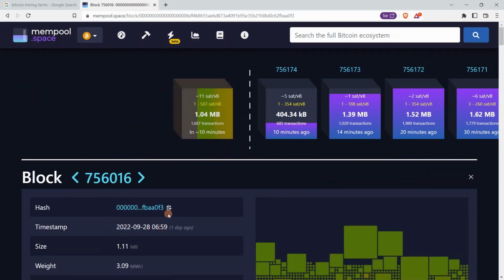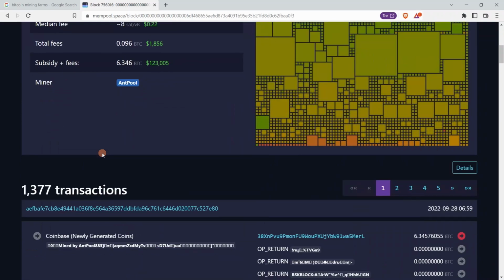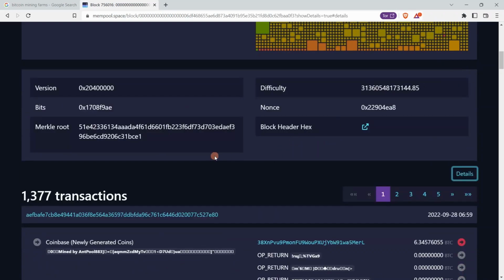So if I click on here, I can see this is the block where the transaction is included in. Down here, if you go to details, you can see the version, you can see the Merkle root of that block, you can see the nonce value. These are all encoded, so you have to decode that to have a real number, and so on.